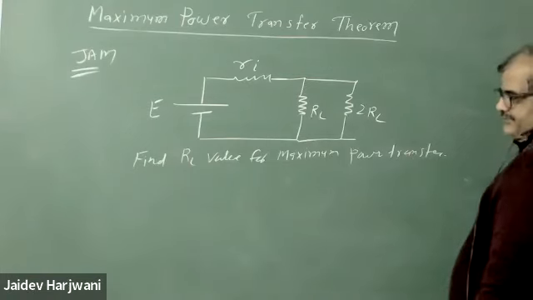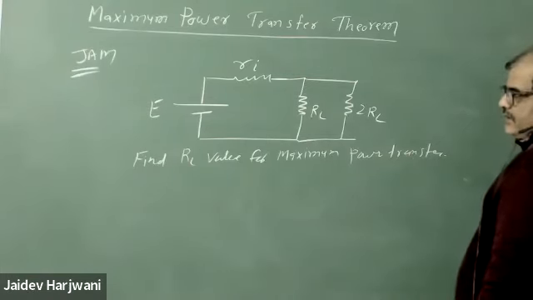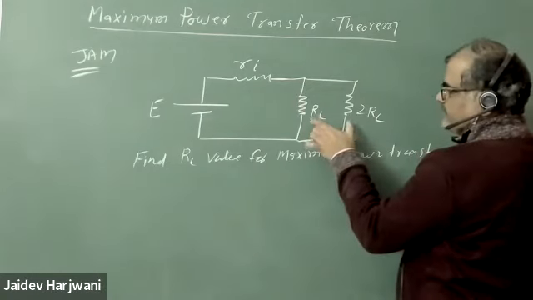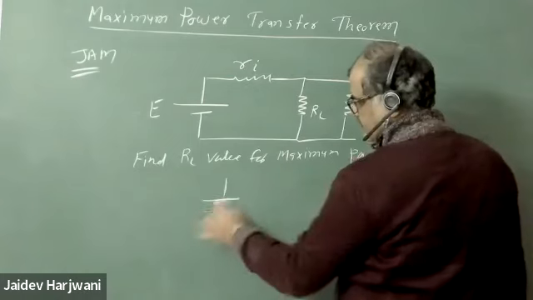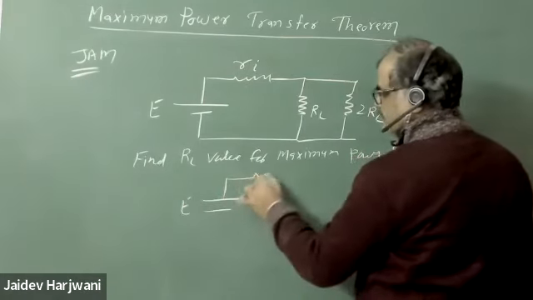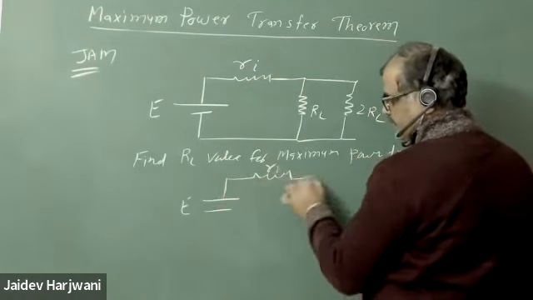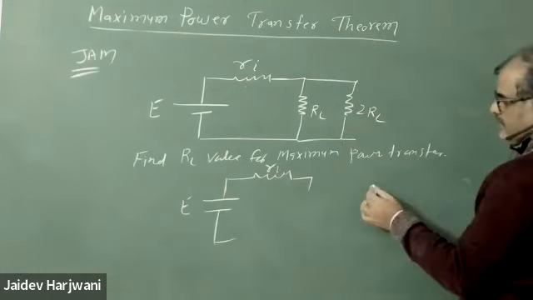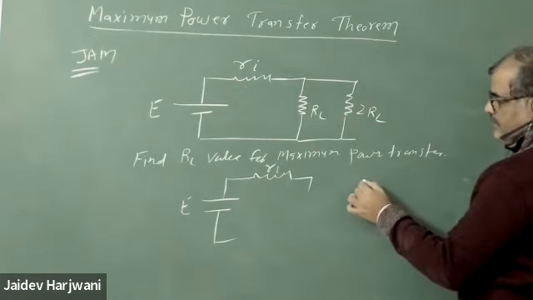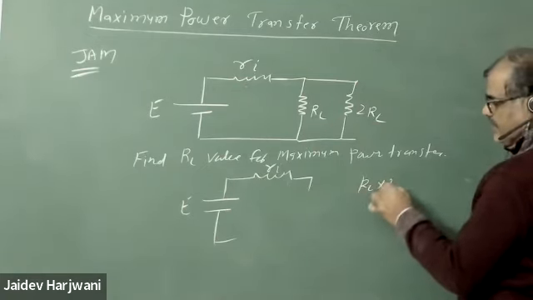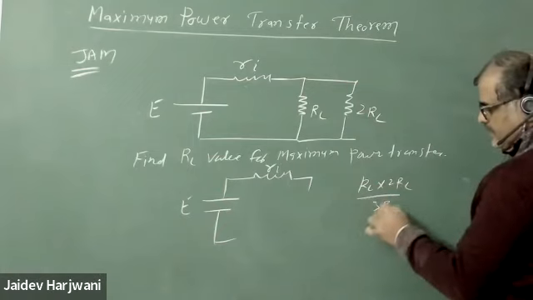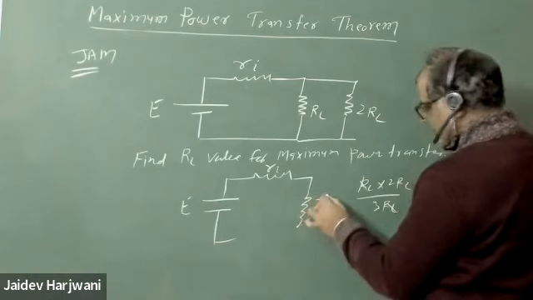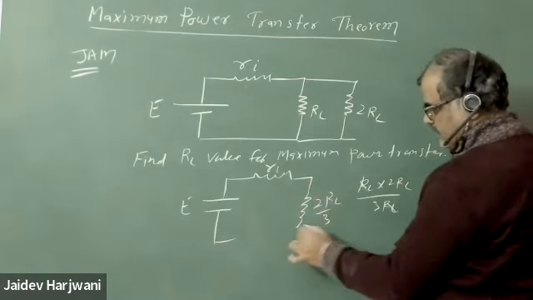Now we already know that if I want to maximize the power, what is the equivalent of these two resistances? Parallel. What is the equivalent of these two resistances? RL into 2RL upon 3RL, so 2 by 3 RL. So the equivalent resistance of this is 2 RL upon 3, isn't it?